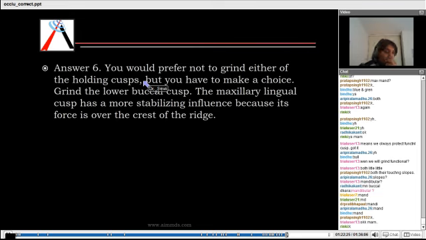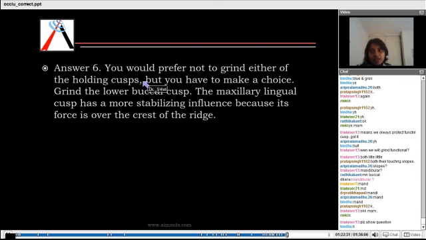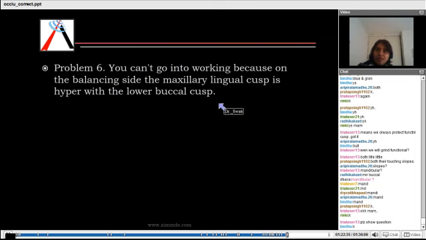Now, you know what? This situation is not dealt with in most of the books. I had been reading about selective grinding from many places just to clarify this particular point. All the other points are very straightforward, but on this particular point, there is a very controversial thing about which cusp to grind. There are two scenarios given. Some of the authors say grind both.